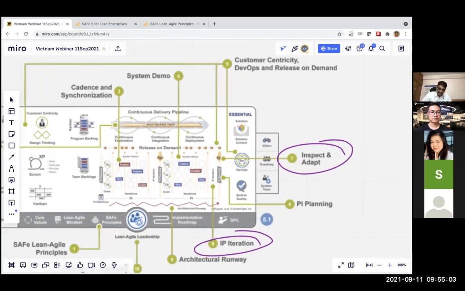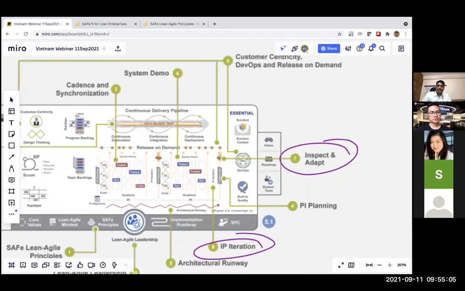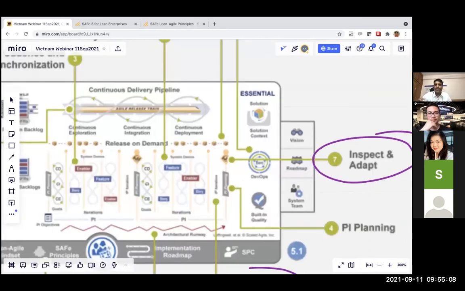In this 10-week window, 2 weeks into 5 times, you see this is busy, something is happening in each. But the last iteration is kept blank, just called the IP iteration. This is intentionally kept blank. You don't take any business features. Rather, you do the planning for the next PI.